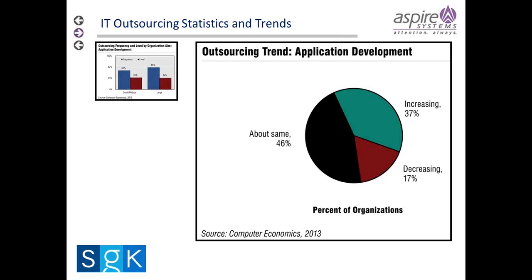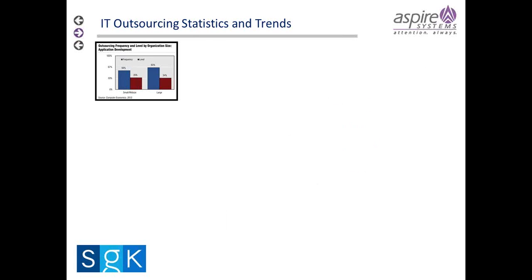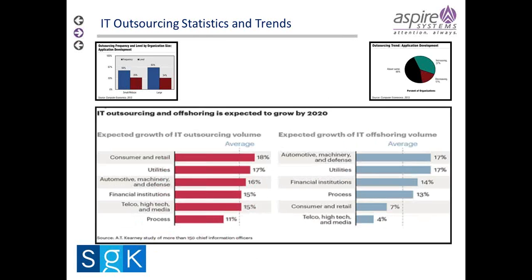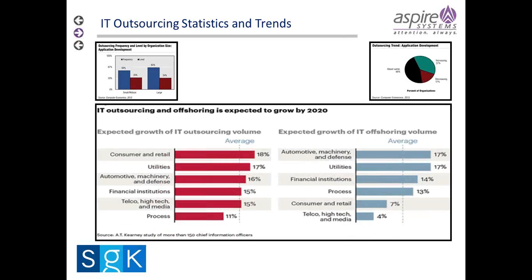And what kind of volumes can we expect going forward? Does this trend continue? Another study, conducted across industry verticals and involving 150 CIOs of companies from various sectors, reveals that in 2020, IT outsourcing is probably going to grow at around 15% over the numbers we had for 2013.